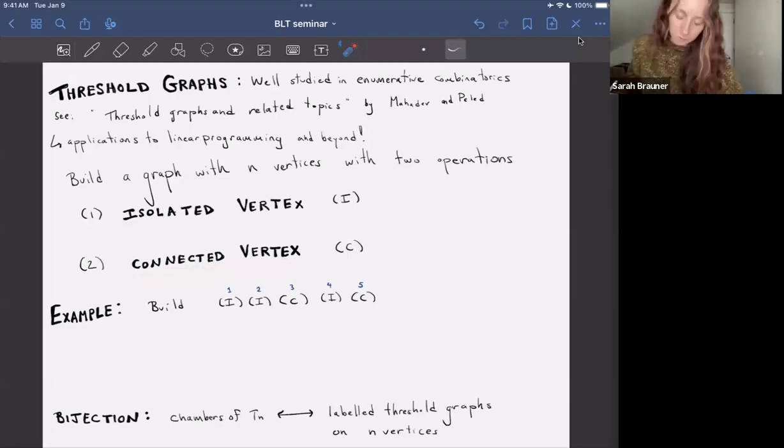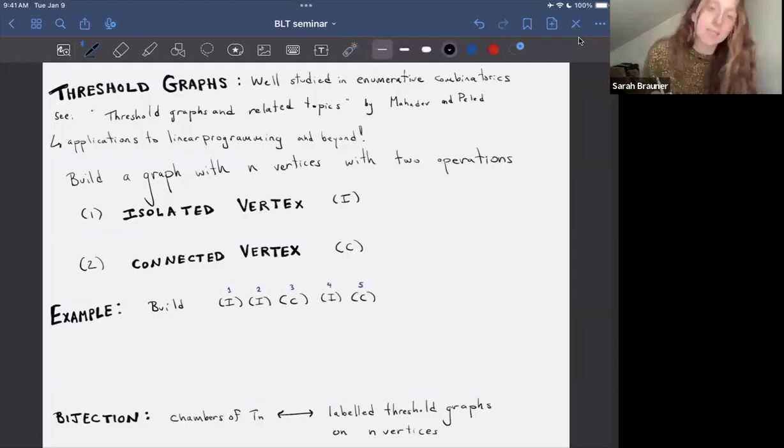So for example, let's say I want to build a graph with 5 vertices using these two operations. Isolated is what you would expect. I just put a single vertex in. So I have isolated 1, isolated 2, okay, and then my vertex 3 is connected, which means I connect to the vertices that came before.